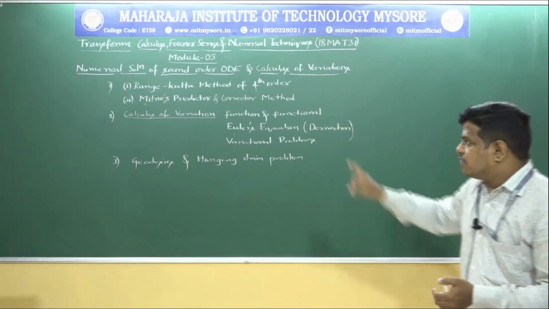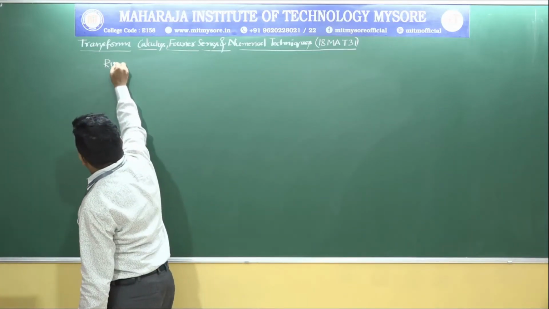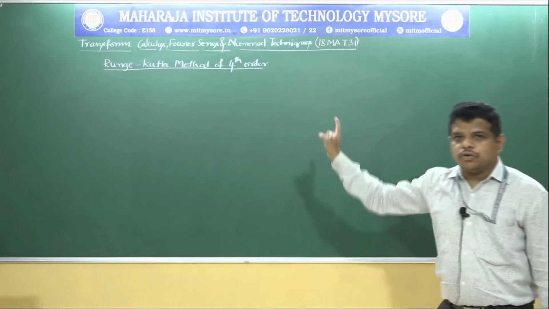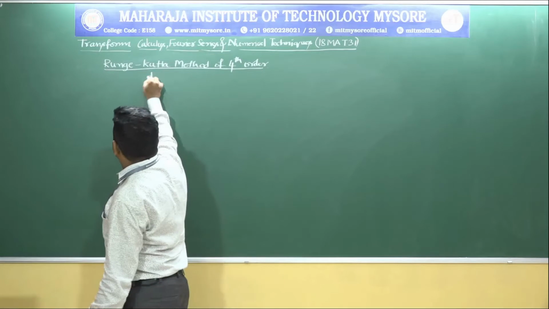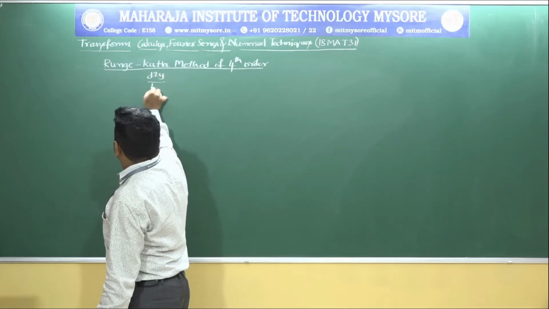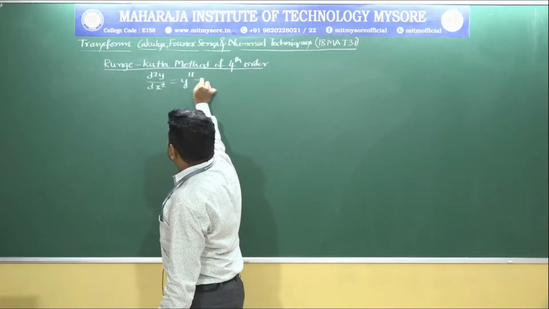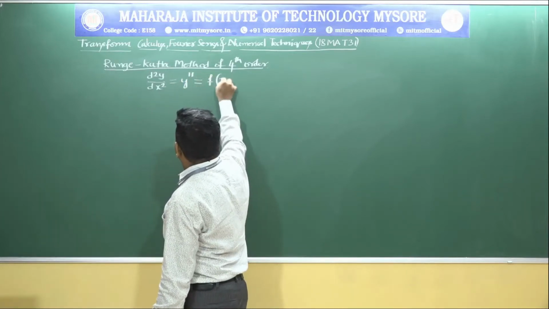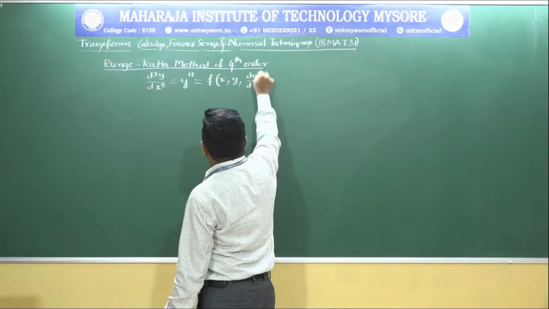Now I am going to start with Runge-Kutta method of fourth order. Consider the second order differential equation d square y by dx square, which can also be rewritten as y double dash equals f of x, y, dy by dx.